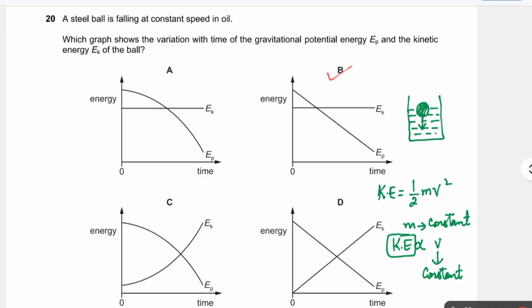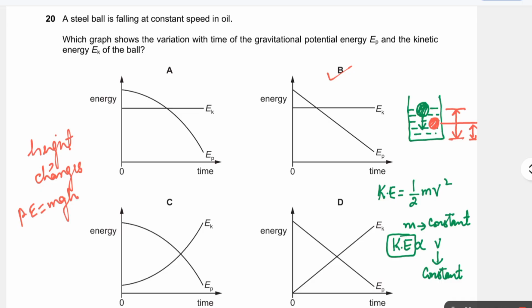And the next point is potential energy. You know that this ball reaches this place after some time. But initially it has this height. But after some time, it has this height. So height changes. Potential energy is equal to mgh.